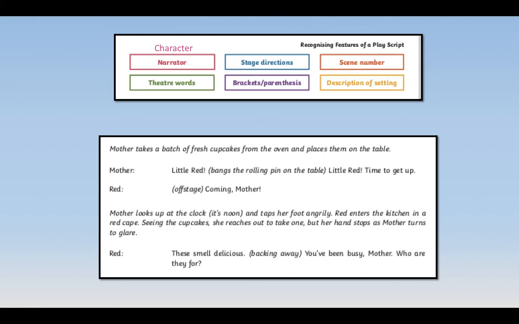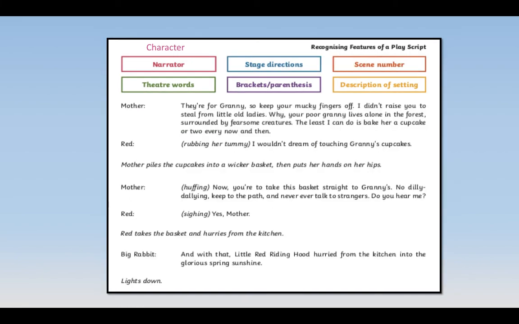If you highlight those, remember brackets and parentheses will go with stage directions, and then a description of setting. So try and match how I did this on the slide before. So it's all color coded so we can see that you recognize the features of a play script. And there's a second one below.